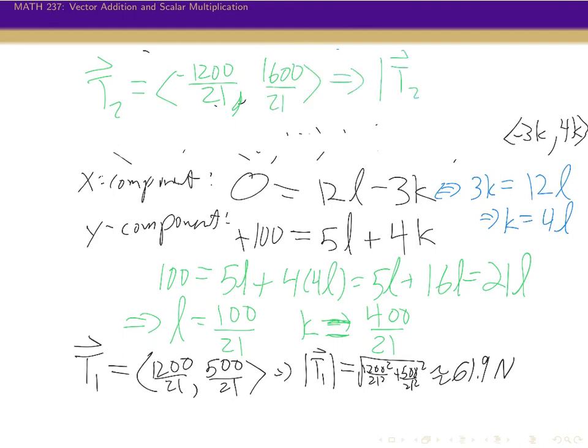And so then the magnitude of T2, plug this into the calculator, 1200 squared plus 1600 squared, whole thing divided by 21.